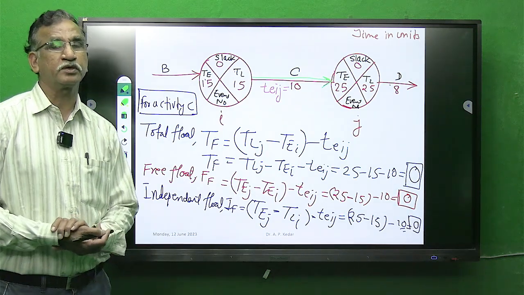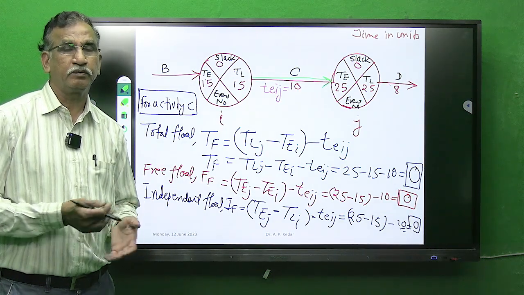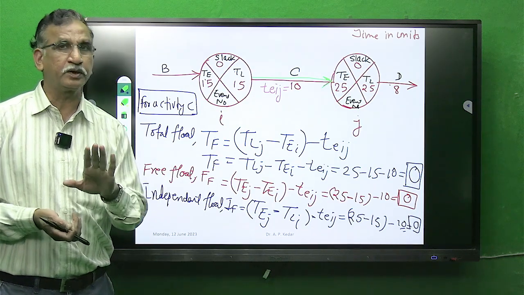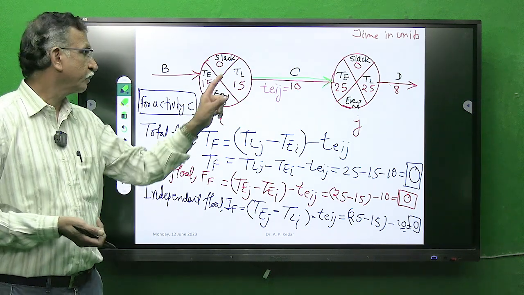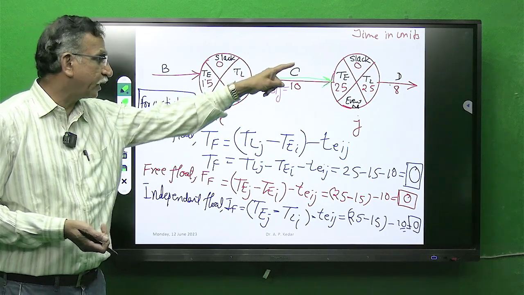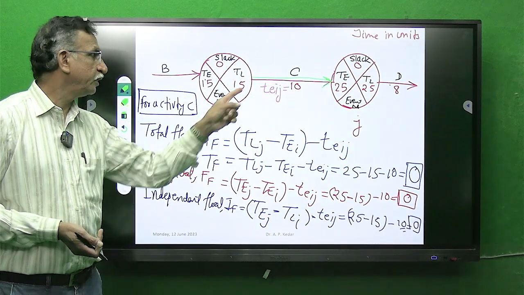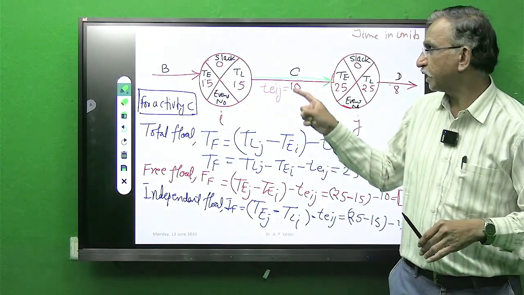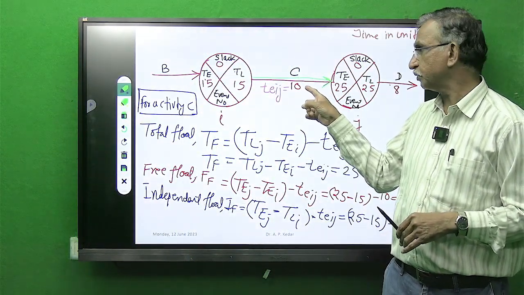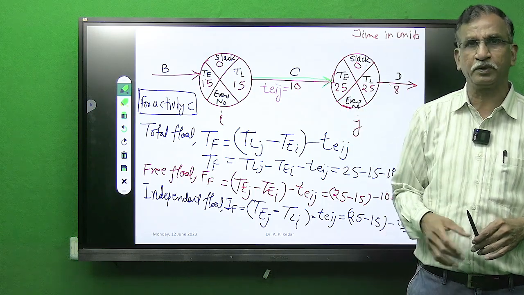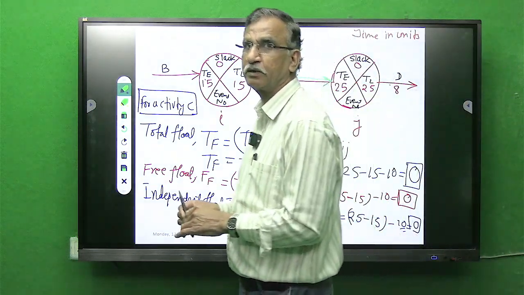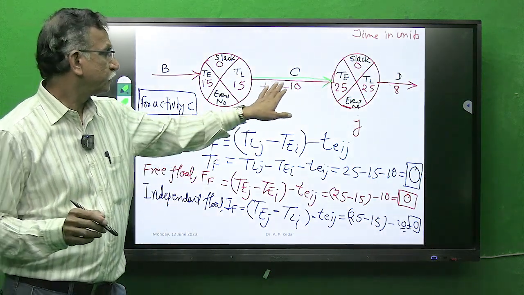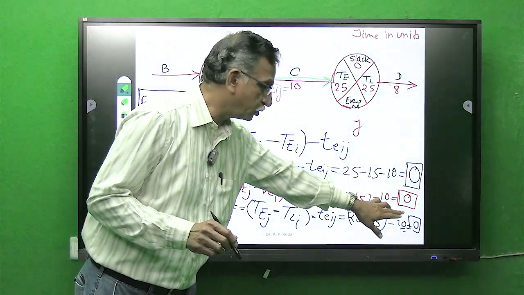And we know the significance of a critical activity, the activity which cannot be delayed. It must be completed within the given time, and therefore this slack indicates 0, meaning activity C cannot be delayed. If it is 10 days, or suppose it is in weeks, you have to complete that activity within the stipulated time. That is the meaning. So 0, 0, 0.